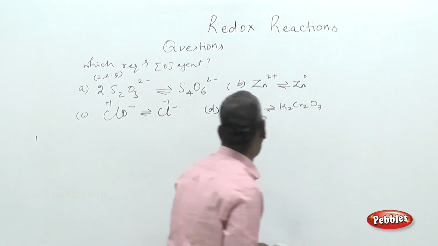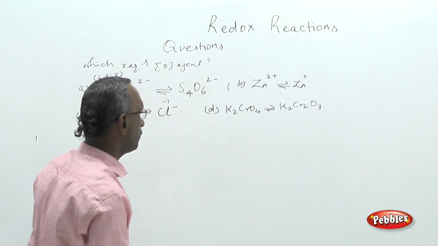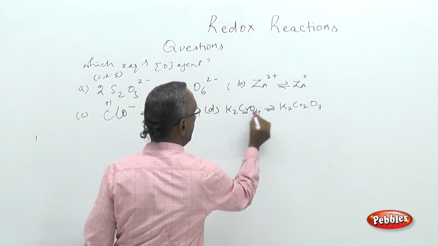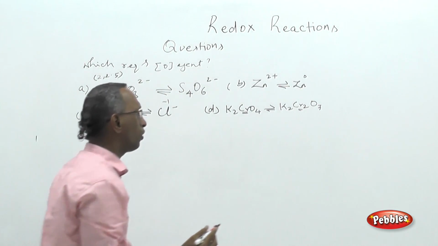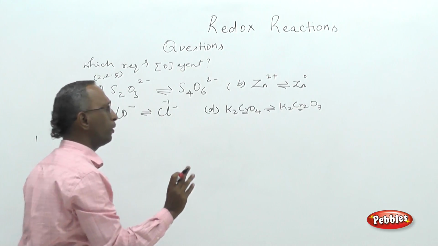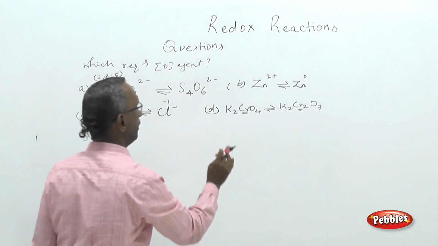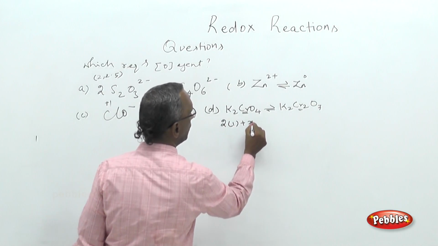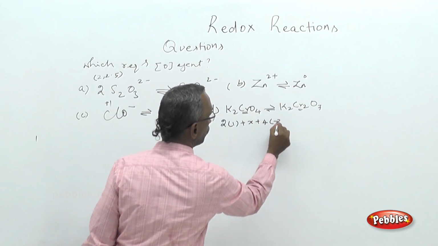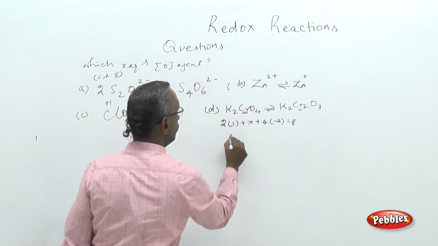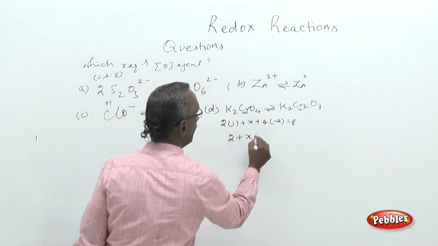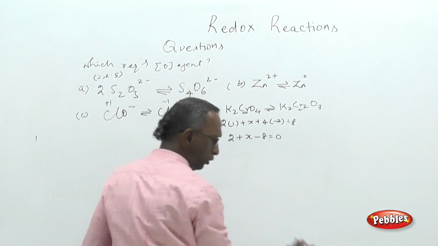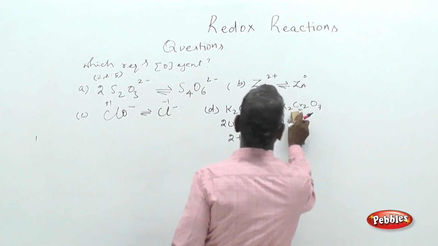Let us check what type of reaction it is in the case of D, with potassium, chromium and oxygen. Chromium has to be studied because potassium and oxygen have standard oxidation states of only plus 1 and minus 2 respectively. So here 2 times 1 plus x plus 4 times minus 2 equals 0. So 2 plus x minus 8 equals 0. The total charge is 0.